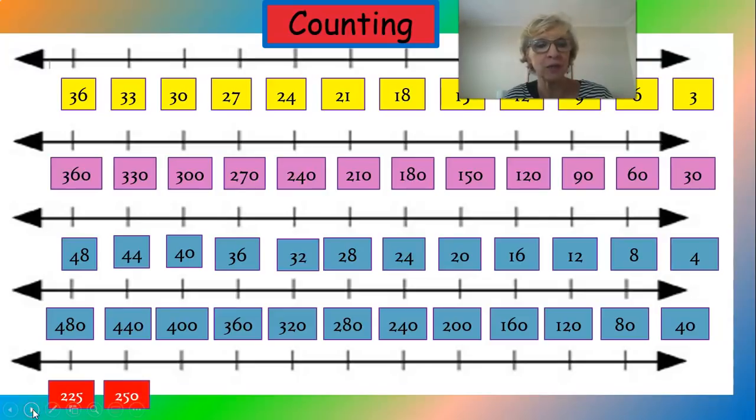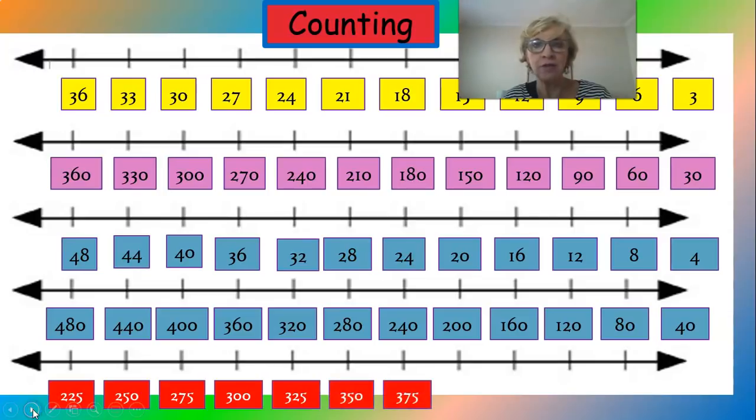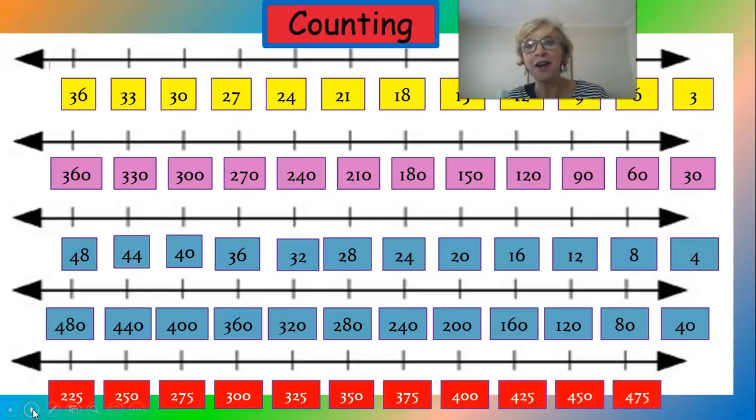Remember we did this a little while ago. 275, 300, 325, 350, 375, 400, 425, 450, 475, and 500. And you can count that for hours and hours and hours. You can keep counting 25 or any number for that matter, just never ever ends. Infinity. That's a new maths word that you can learn.